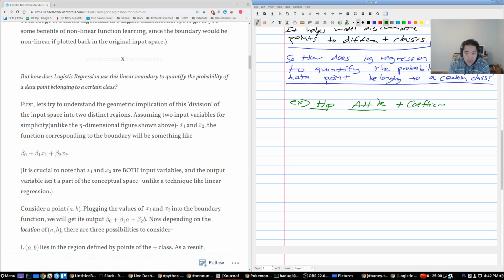We always need the coefficients for some reason. So b0 plus b1 x1 plus b2 x2. This could be HP, this is the coefficient, and this could be the attack right here, this x.